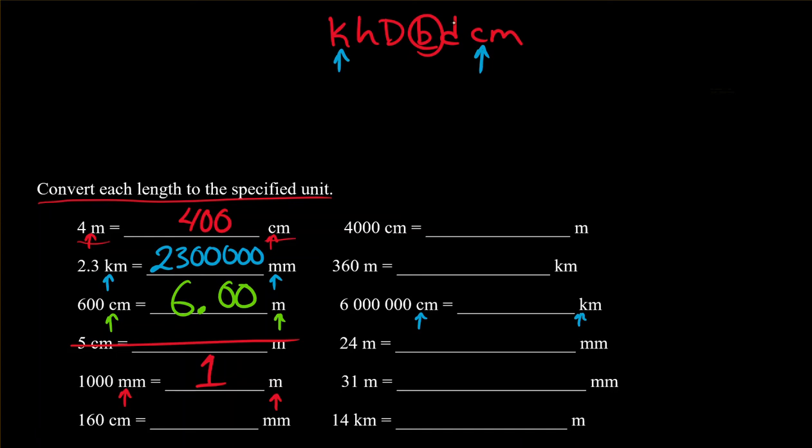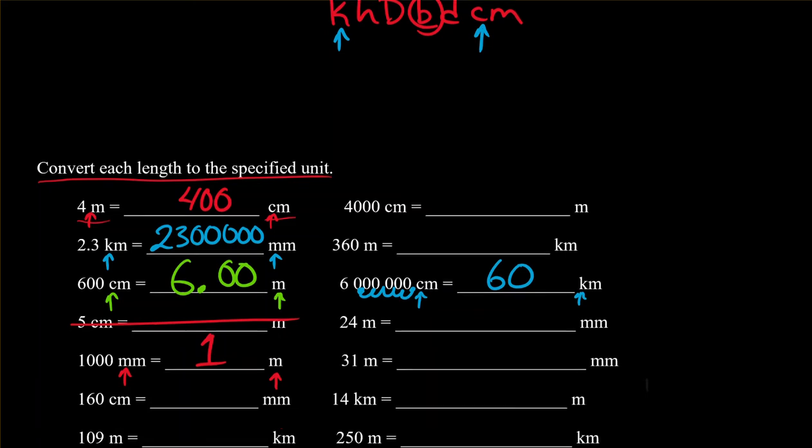That's 1, 2, 3, 4, 5 to the left. So I'm going to move my decimal 5 places to the left, and my new number is 60. So 6 million centimeters is actually 60 kilometers.